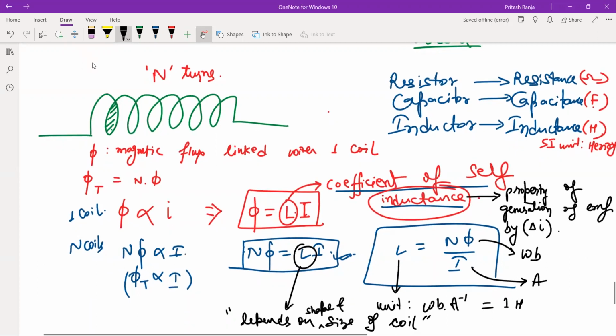All about inductance. Which inductance? Guys, we are talking about self-inductance. Why self-inductance? Because this is the property of generation of EMF by change in current in the same coil by its own.